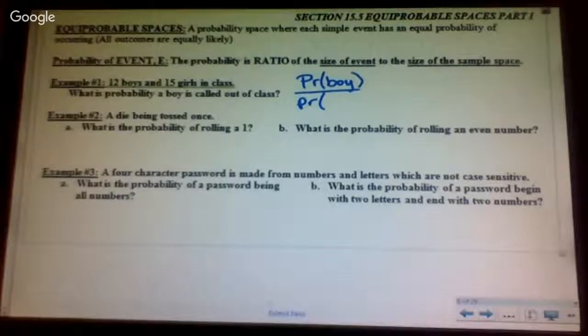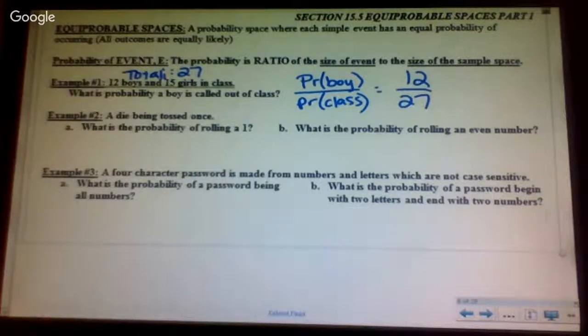Remember, you don't just have boys or just girls in the class. The total in my class is 27 kids. So 12 out of 27. If I said, what's the probability of pulling a girl out of the class? 15 out of 27. I have more girls than boys.